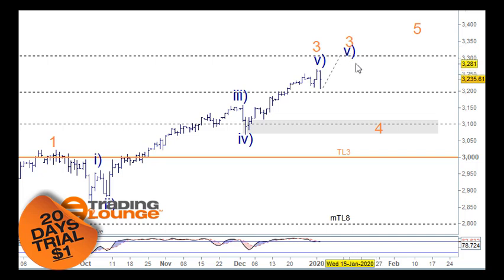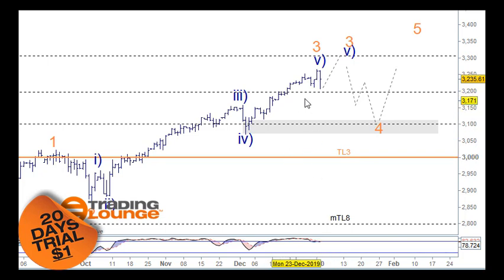Either way, once wave 3 is in, we'll come up with strategies, and once this is completed, we'll be looking for a corrective move back for wave 4 to pull back to the wave 4 of one lesser degree, or the 38.2% retracement level, which is a little bit higher here. That's what we'd be looking at in that space.